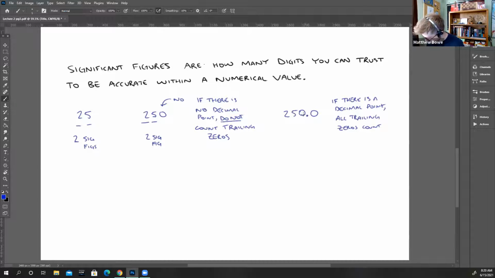If someone writes this result on a paper, that means they are confident that this 0 is true, and they added that next 0, so that one is also true in their measurements or calculation. So in this case, we would have 1, 2, 3, 4 significant figures.